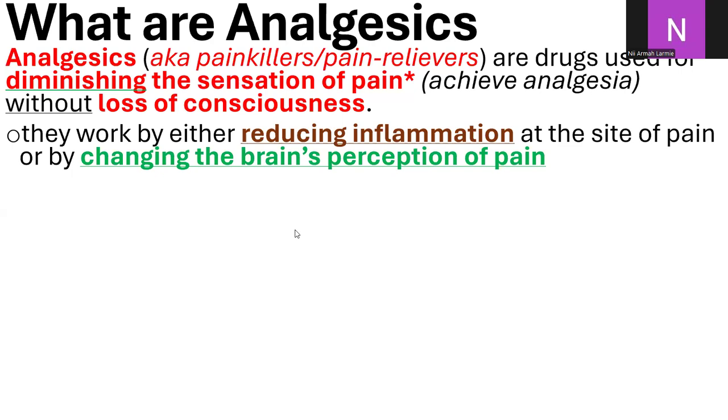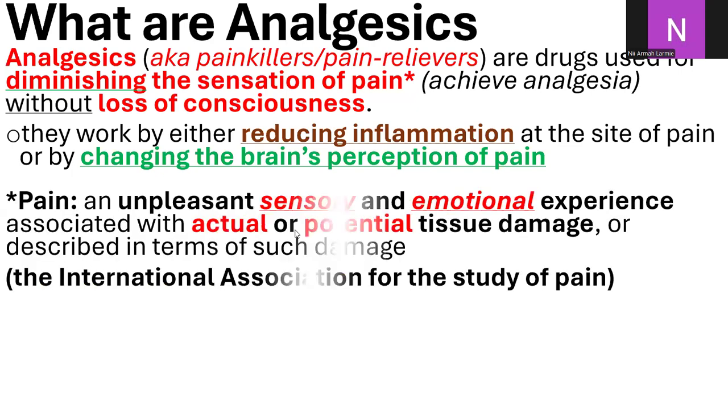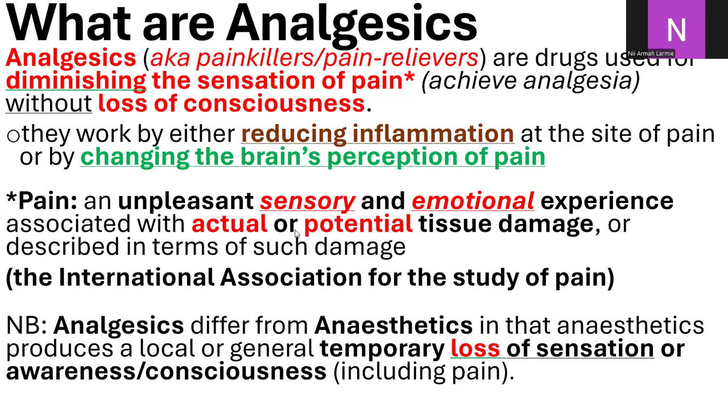Note that we highlight the word diminish because analgesics do not take away the pain completely, but they diminish the sensation of pain. Sometimes the diminishing effect can be so good that you may not even feel any pain at all.